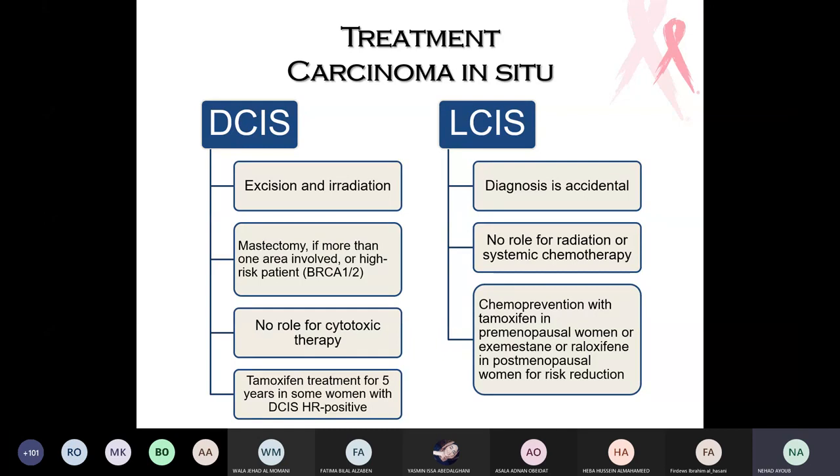Therefore, the potential that these cells had spread outside the breast is almost null. So there is no need to expose the patient to the toxicity of systemic chemotherapy. Cytotoxic therapy means chemotherapy, where the aim when I give it is to kill the cancer cell. Okay, so in ductal carcinoma in situ, remove the mass. Sometimes you might need to irradiate. Okay. No role, no place for systemic chemotherapy.